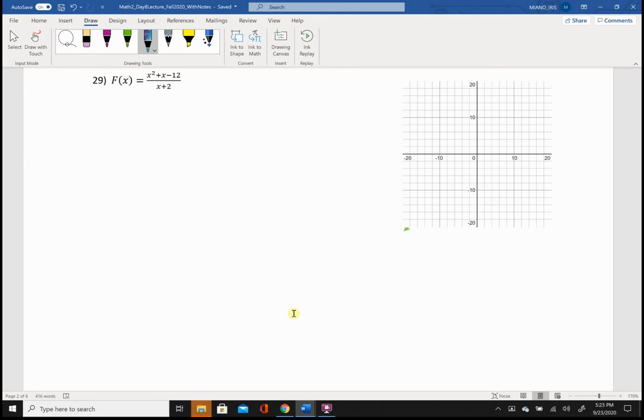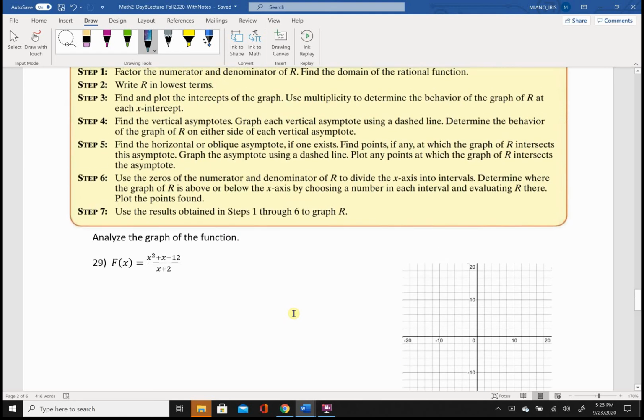So the first thing we need to do, according to the 7-step process, is to factor the numerator and denominator of r. And r is just a catch-all name for rational function. Our rational function's name happens to be f, but that's fine. And then also, find the domain of the rational function.